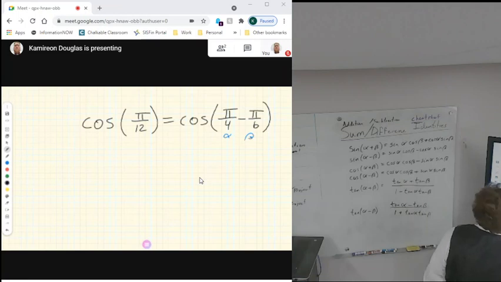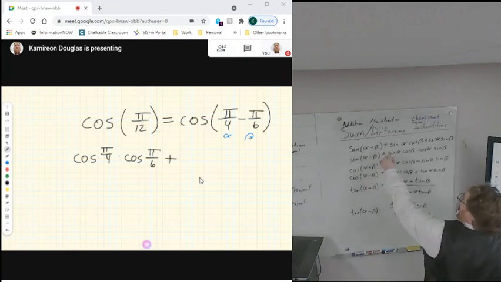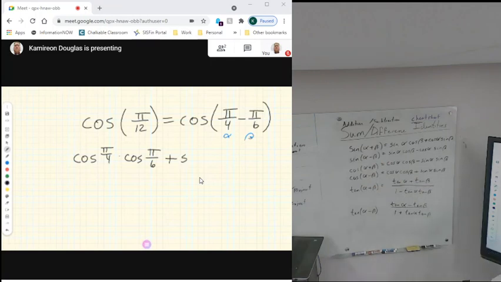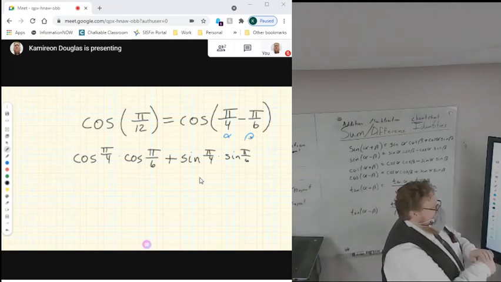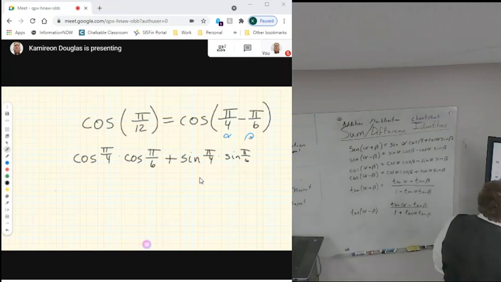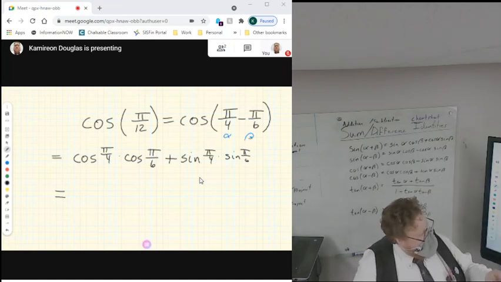Cosine of alpha, so cosine of pi over 4, times cosine of pi over 6, plus, because remember, the difference formula for cosine has a plus in it, sine of alpha, pi over 4, times sine of beta, pi over 6. Okay, I'm running my unit circle. You're my best friend. All right, cosine of pi over 4, cosine of pi over 6, sine of pi over 4, sine of pi over 6.